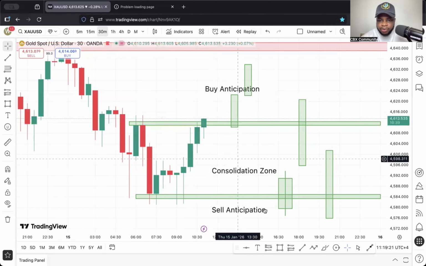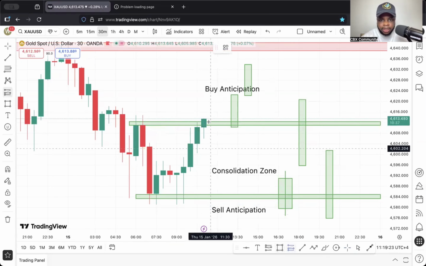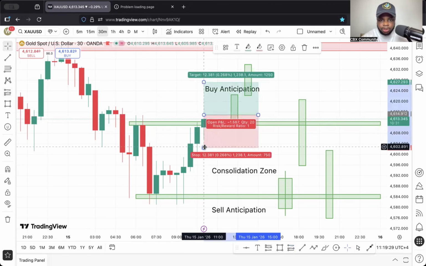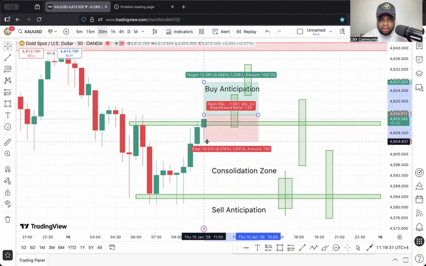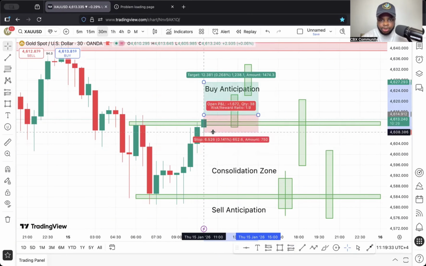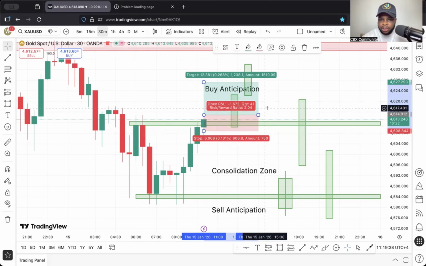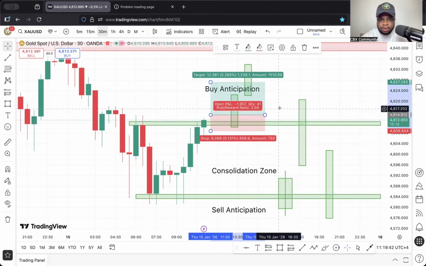The moment the body of the candle breaks the high of this candle over here, I'm going to take a position. I'm not going to set my stop loss at 80 something pips. I can choose to set my stop loss at 50 pips or 60 pips. But for now, let's wait and see. We don't need to do anything.